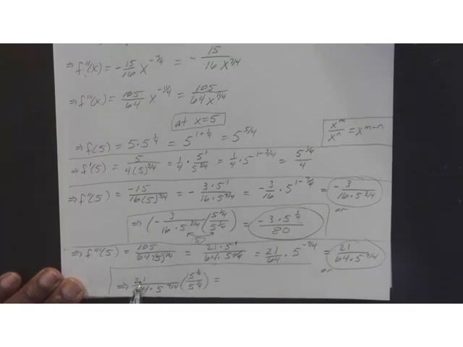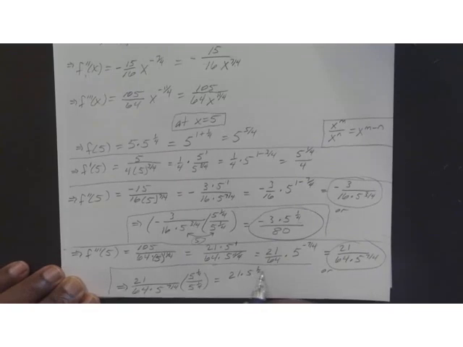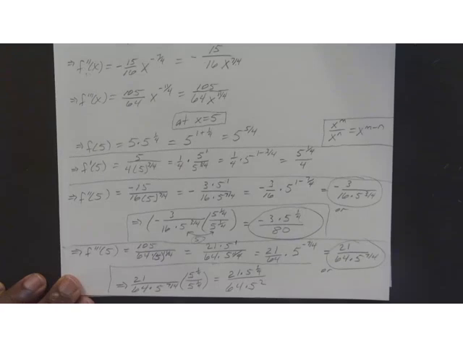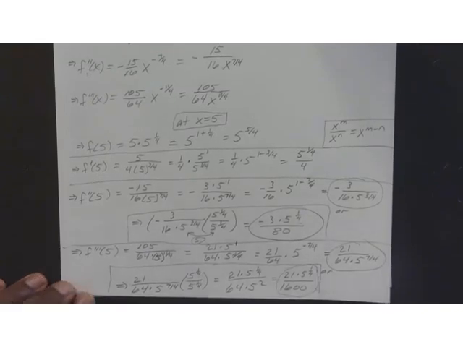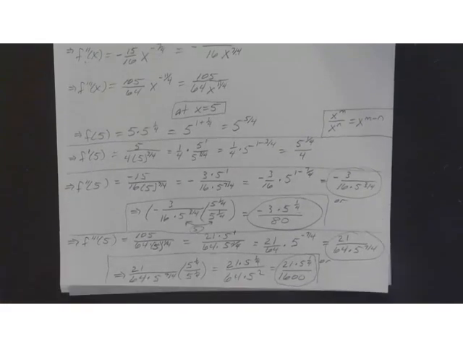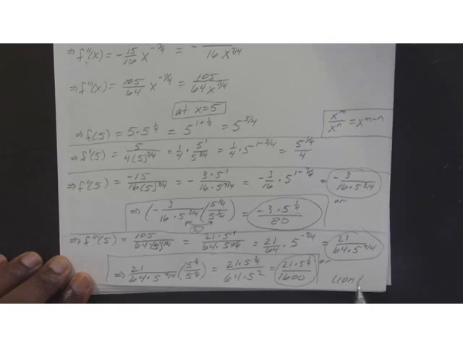So that gives us 21 times 5 to the 1/4 power divided by 64, and 5 to the 7/4 plus 1/4 power gives us 8/4, which is 5 squared. That gives us 21 times 5 to the 1/4 power divided by 1600. And we'll finish it up on the next page.